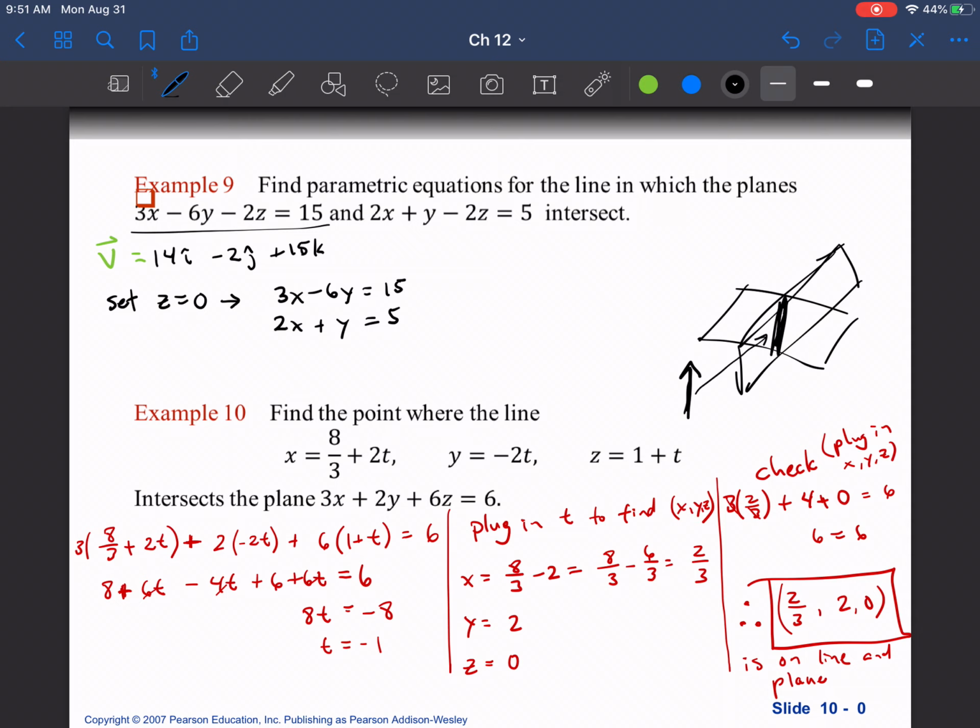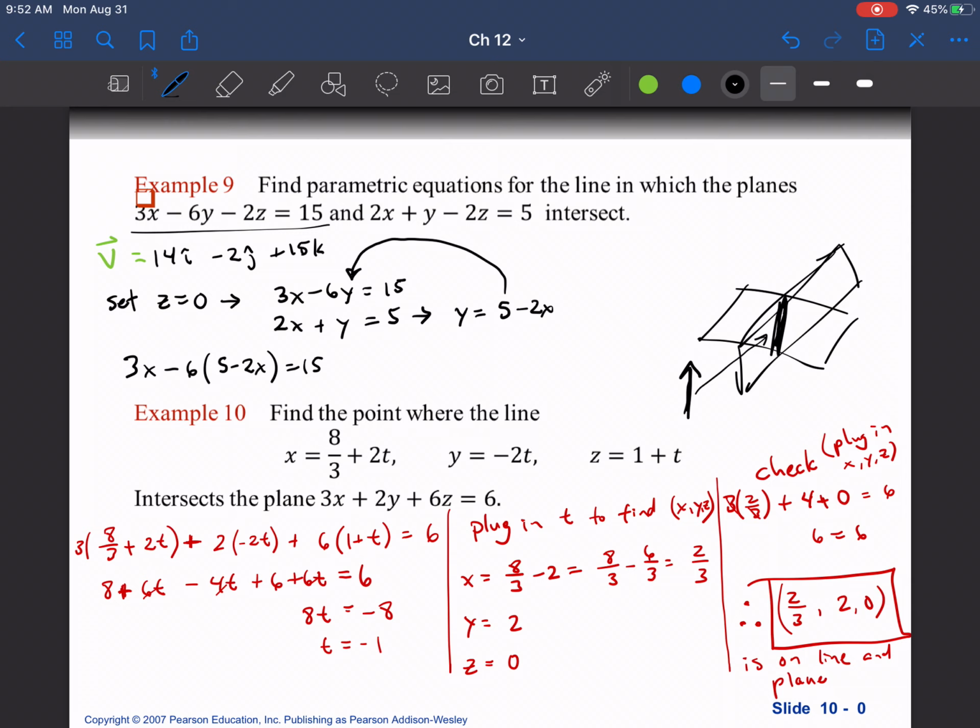So, for example, I might take this one and say, all right, y equals 5 minus 2x, and then I can substitute that up into the first one and have 3x minus 6 times (5 minus 2x) equals 15. And then I can solve this for x.